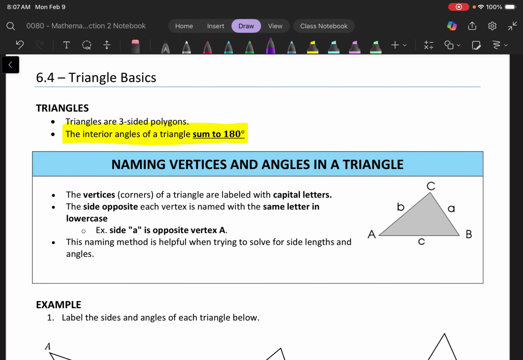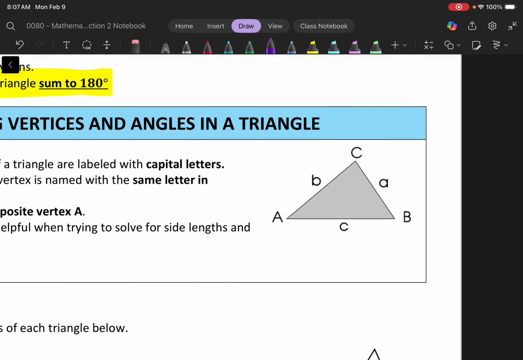Now, we talked about naming angles before, which is kind of cool. For example, this angle here, I could three-letter name it and call it angle CAB. But at the beginning of the unit, we talked about how when an angle is all alone, so there's no confusion of what that angle might be, there's not two or three angles with the same vertex, we could just call it by a single letter name.